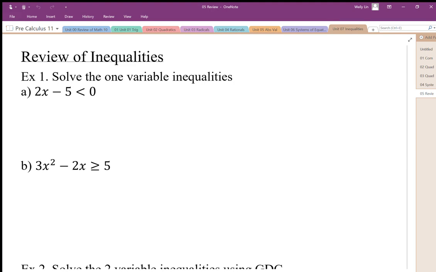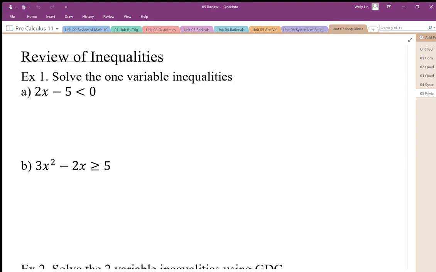Then there are some other issues, such as testing. We can solve inequalities by testing. For one variable quadratic inequalities, testing is probably the most reliable, because the other method is sign analysis, which we'll get into.